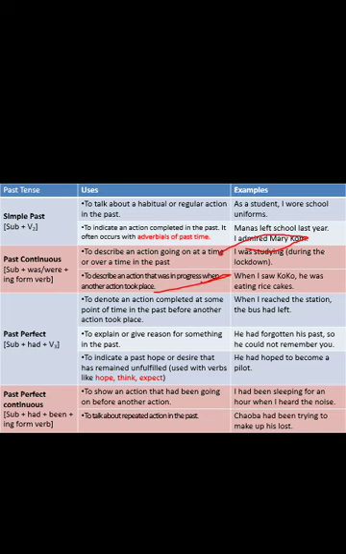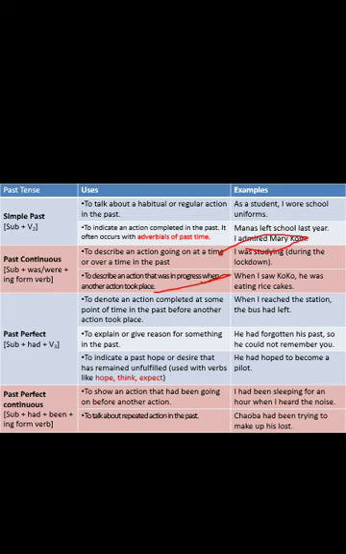usage. When I saw Coco, he was eating the rice cakes. So here in this sentence, we compare two actions. One is the action of seeing, the other is the action of eating.